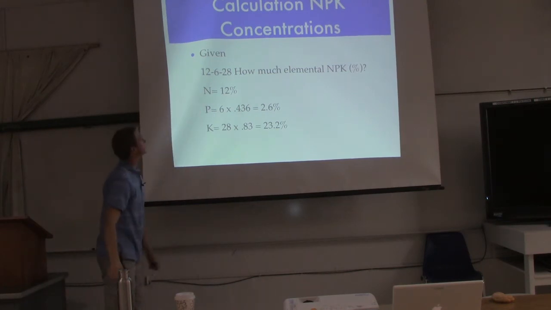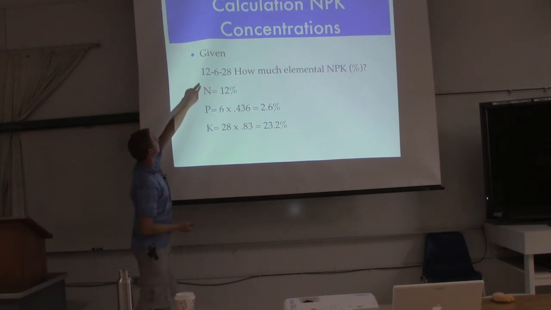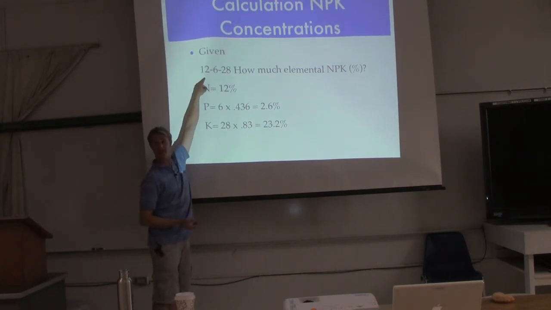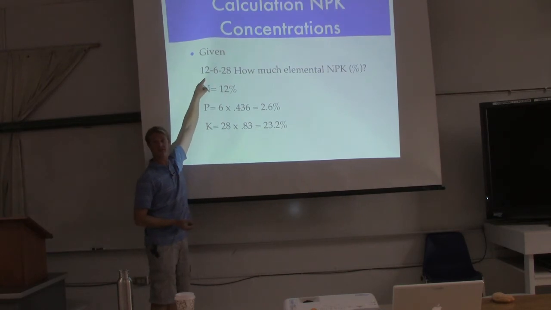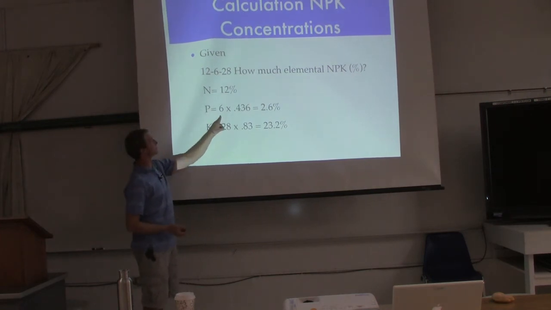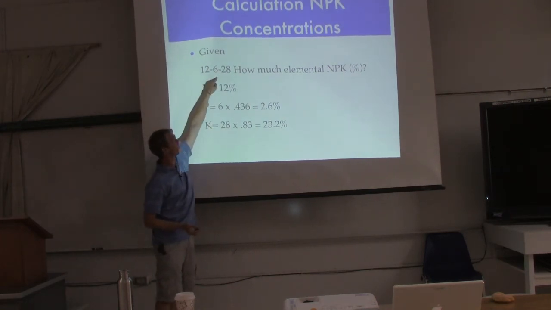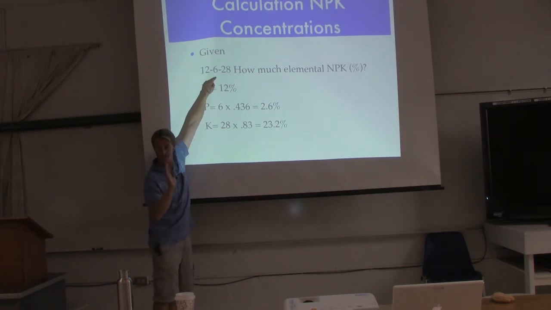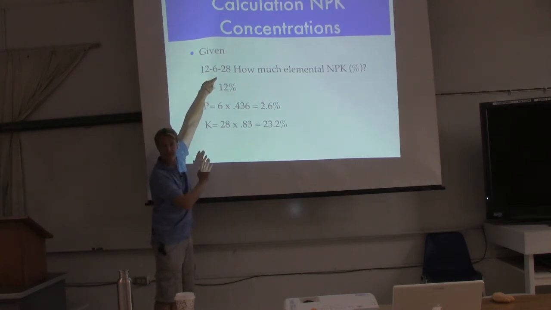What percentage? Let's go through it. Plain and simple. 100% of this is available. Okay, so we don't really even need to do an equation. You take this number, that's your answer for N, for elemental. P gets a little more tricky. Take this number here. Don't change it to a percent. It is a percent.